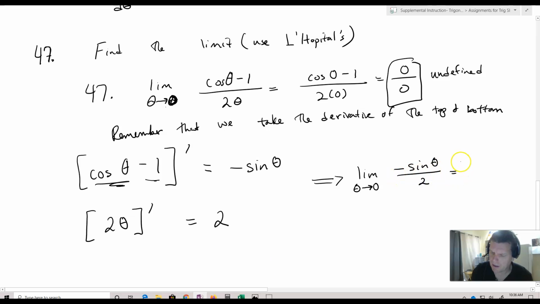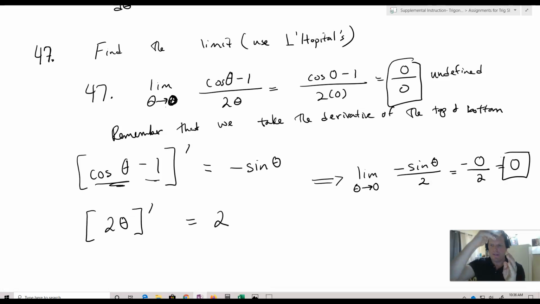And this is now going to equal negative 0 over 2, which is equal to 0. And so that is, in fact, our limit. Using L'Hopital's means taking the derivative of the top and the bottom until you end up with a non-undefined value. 0 is totally defined. Our bottom is 2. 0 over 2 is 0. So consequently, that ends up being our limit.